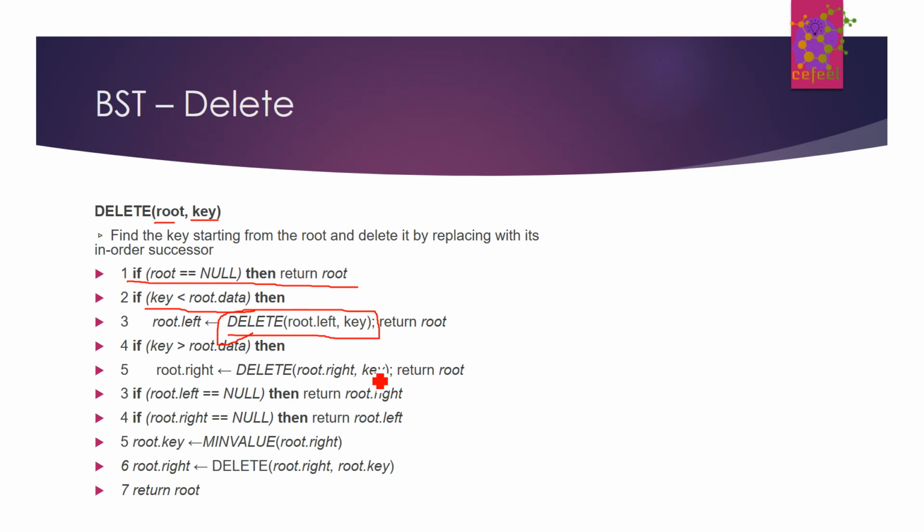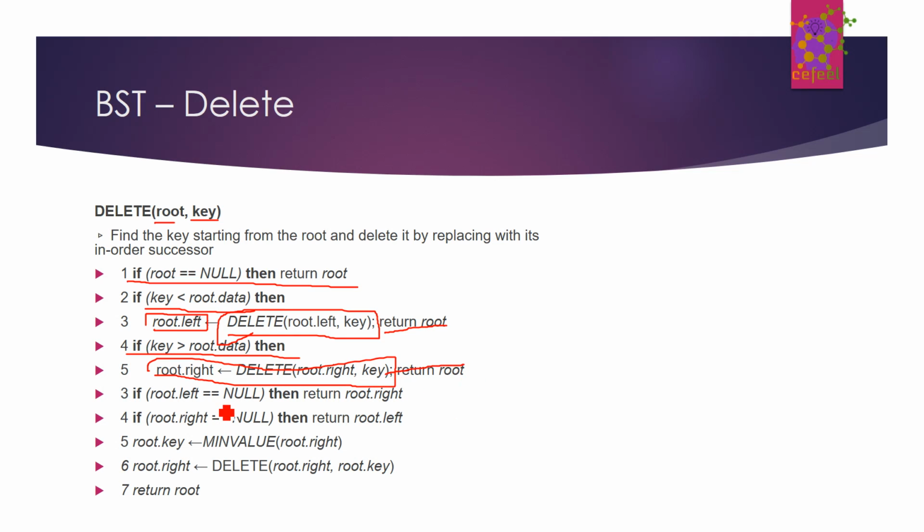It's possible that even the root node itself has to be deleted, so we need to make sure we are returning the correct node. Hence we assign the result to the left subtree, and then we return our root. A similar thing happens with the right subtree: if the element to be deleted is in the right subtree, we delete the element, reassign the right subtree, and then return.